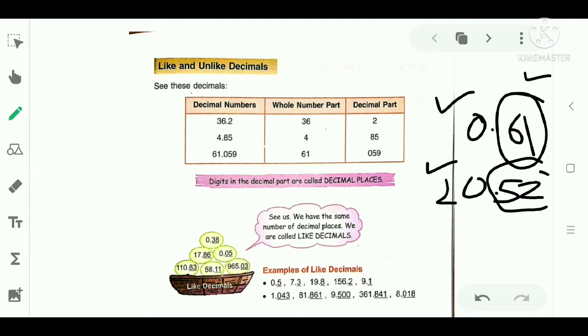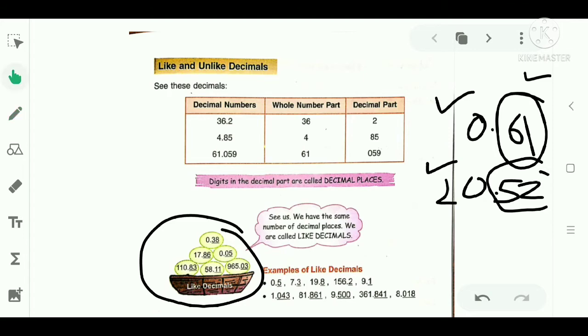Because the main thing is we only check the decimal part. If the number of digits in the decimal parts is equal, then it is like decimals. Now look in this box: 0.38, 17.86, 0.05, 110.83, 58.11, 965.03.